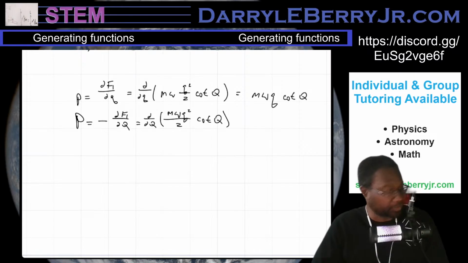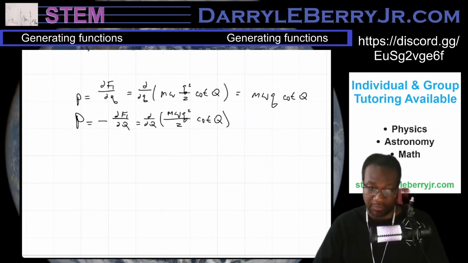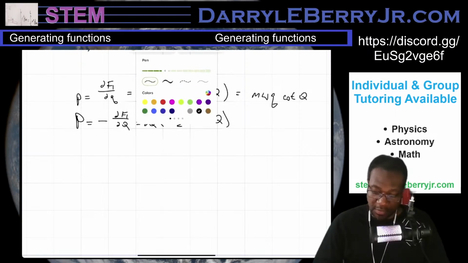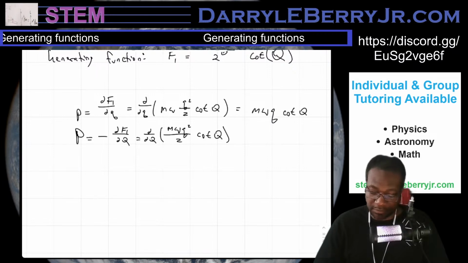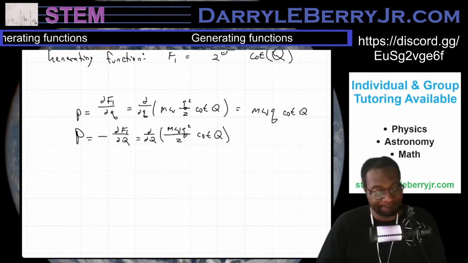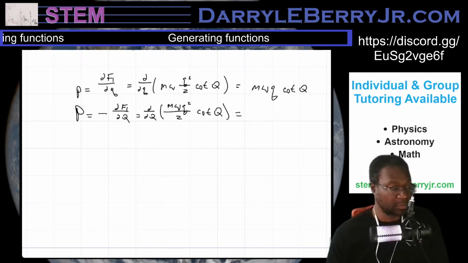The book gives it, but I'm not sure how they got it. How I would do it is break it up into cotangent, cosine over sine, and then take the derivative of that, but I won't go through that process right now.